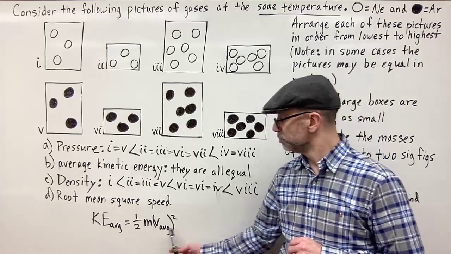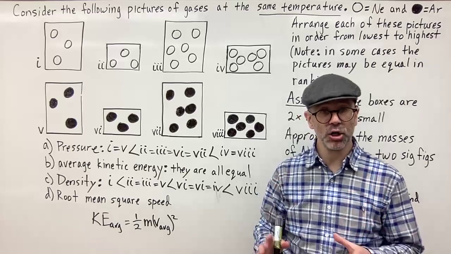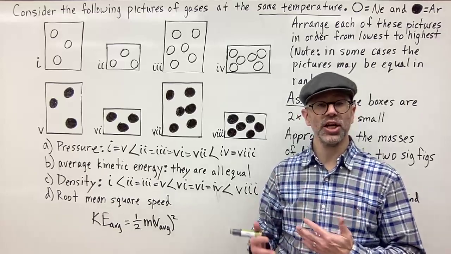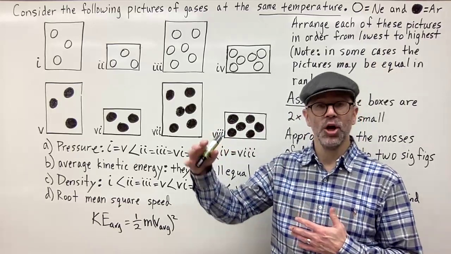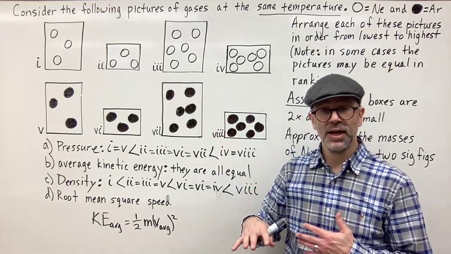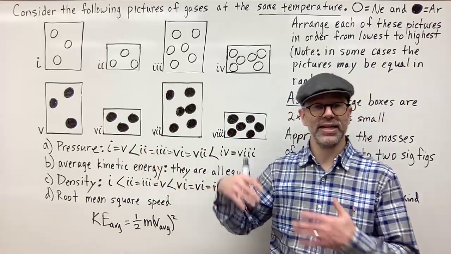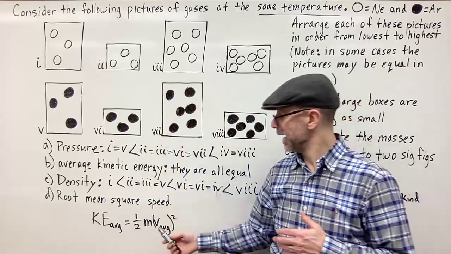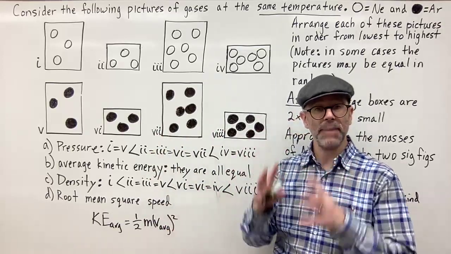So the more massive a particle is, the slower it's going to go, right? So you could have a more massive particle moving at a smaller speed, and then compare that to a less massive particle moving at a higher speed, and the mass and the speed are going to balance out.